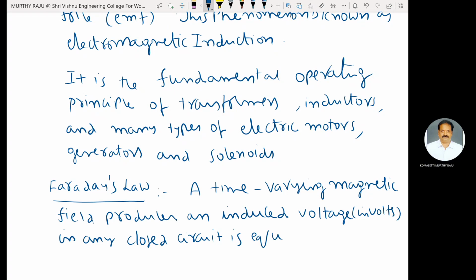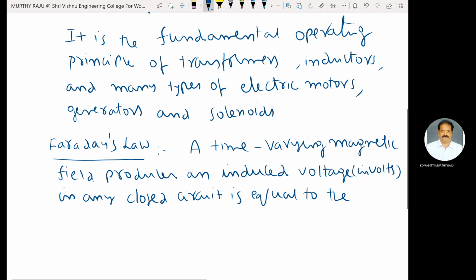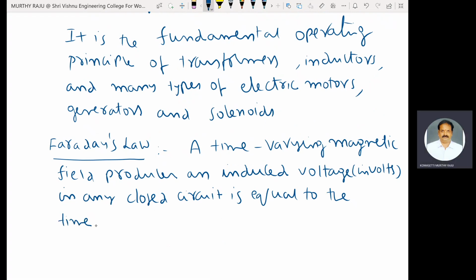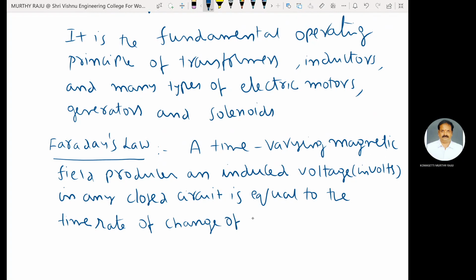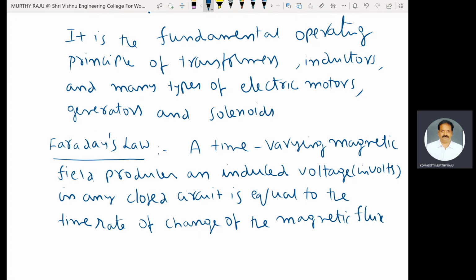is equal to the time rate of change of the magnetic flux linkage by the circuit, which causes current flow.